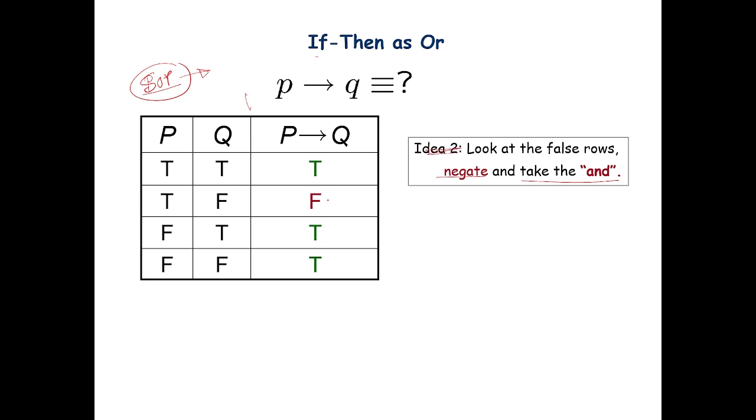Look at the false row. Negate and take the and. So how to make this one false? This is true, so what you can do is make it false. Not P is going to be false, obviously. And this is false beforehand. If you take an or here, 0 or 0 becomes 0.